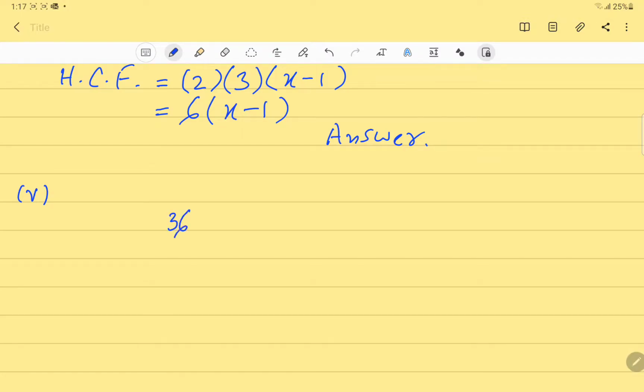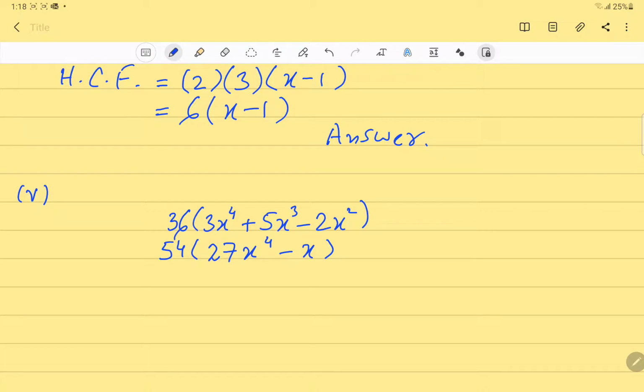It is 36 into 3x raised to power 4 plus 5x cubed minus 2x squared, and the second one is 54 into 27x raised to power 4 minus x.